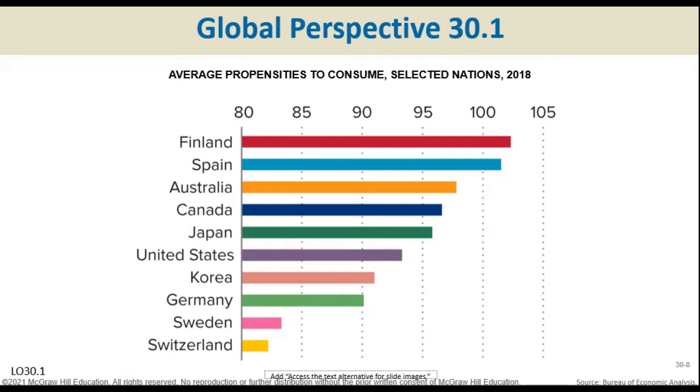In 2018, Canada and the United States had a substantially higher average propensity to consume. So if someone has a higher average propensity to consume, it means that ultimately they have a lower average propensity to save. And note that if you add the APC and APS together, it equals 1.